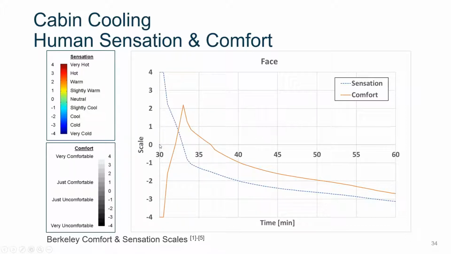So when the driver enters the vehicle, at the beginning he is very hot and therefore very uncomfortable. So looking at this component for the face. But then with the HVAC on, the temperature is starting to go down and he's starting to feel more comfortable. But then over many minutes, since the HVAC keeps working, he's starting to feel more cold and more uncomfortable.